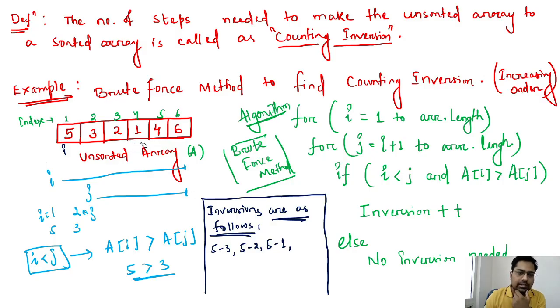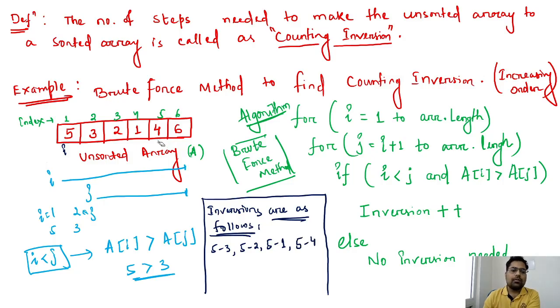Now j value is incremented. Here I was 1 and j is having 5. So in this case, this has happened. Now once we compare, a of I is greater than a of j. That's why the inversion is needed. Okay.